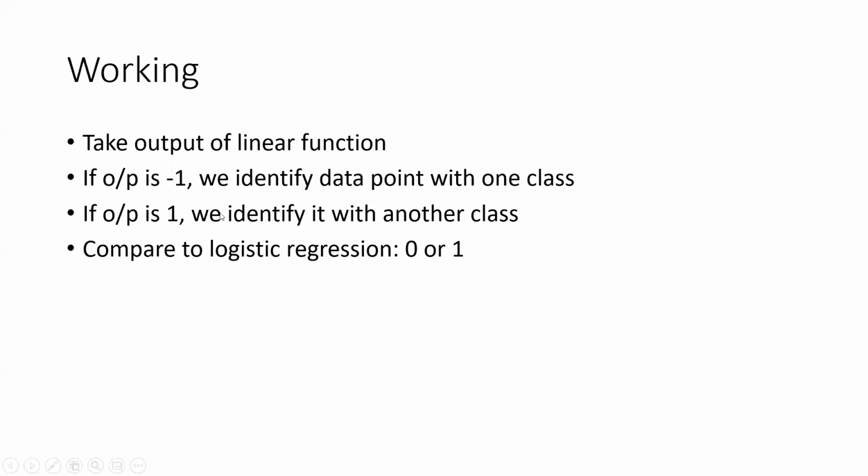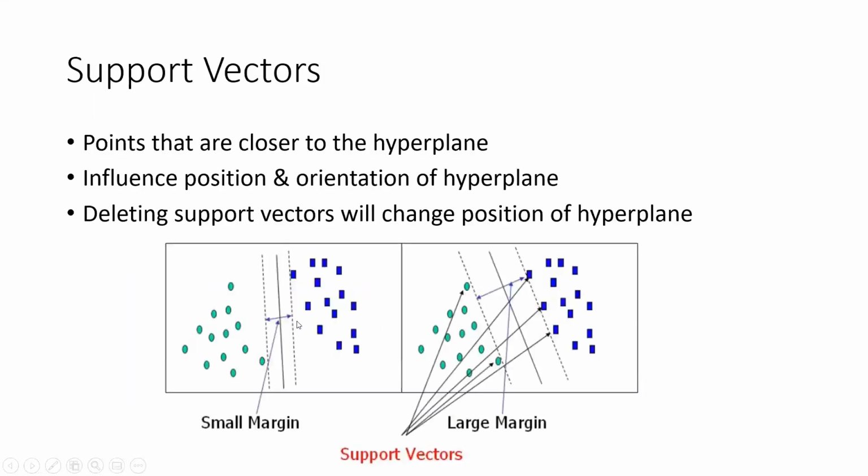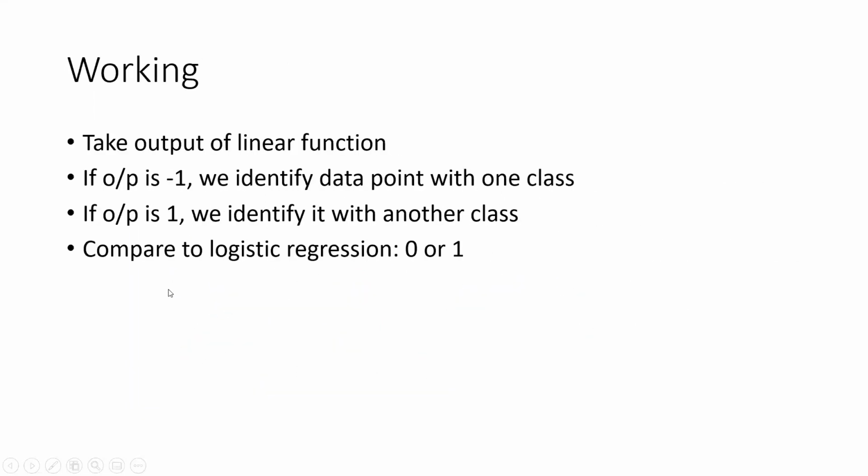And if the output of that linear function is 1, then we identify it with another class, let's say the square class. Okay. So this is very similar to a logistic regression scenario where we have a binary model which gives you the value of a binary or dichotomous variable. So it says basically whether the value is 0 or 1, right? So similarly, here it is -1 or +1. If it is -1, it belongs to one particular class, and if it is +1, it belongs to another class. Okay.